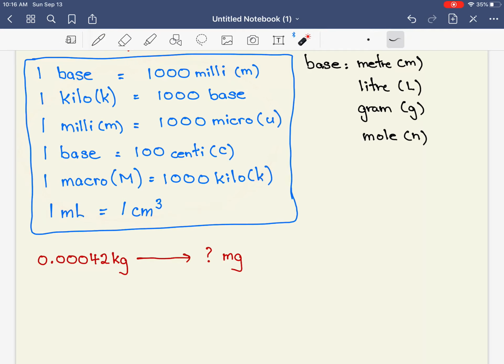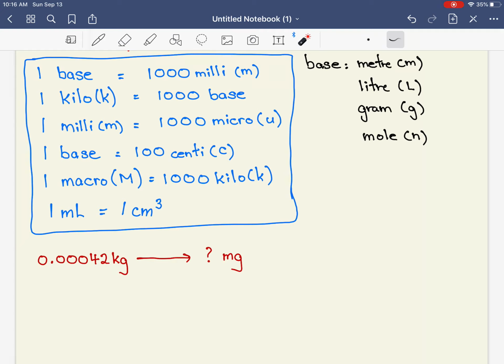Okay, now if you look into your box, there is really no relationship between kilo and milli, right? We see kilo is 1,000 base, we see a base is 1,000 milli, but we don't have a direct relationship from kilo to milli.